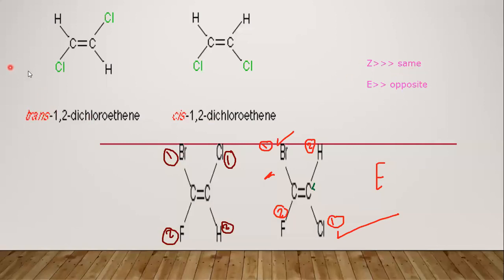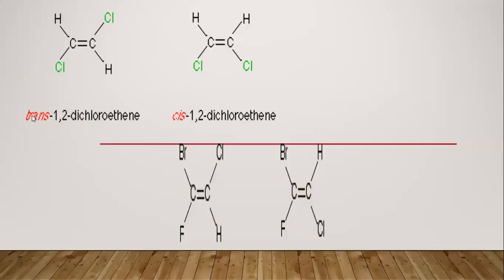But it's enough to write this is the Z isomer. It's okay? So I can summarize: in this example, I can use cis and trans because in the same carbon, I have the same substitutions, H Cl, and here H Cl.